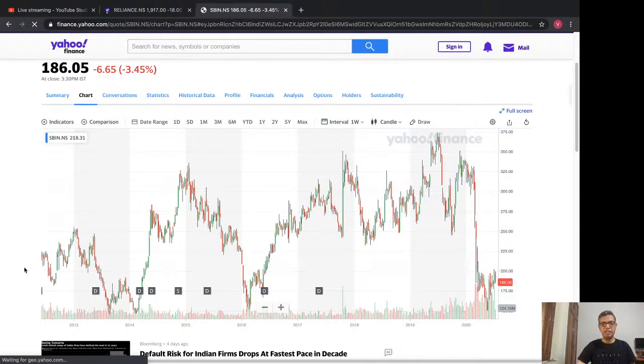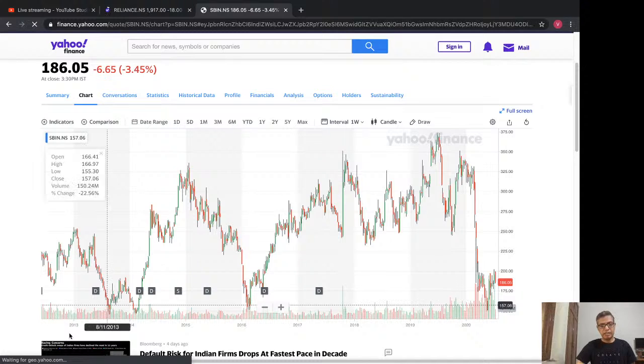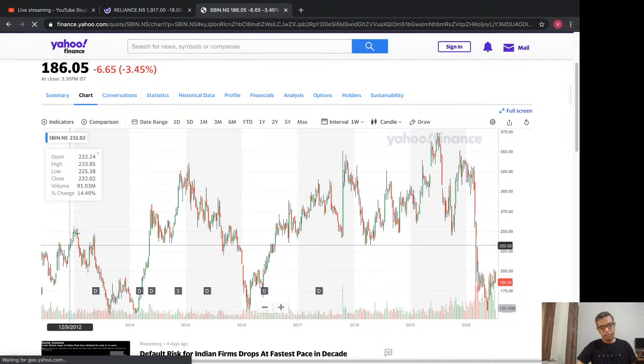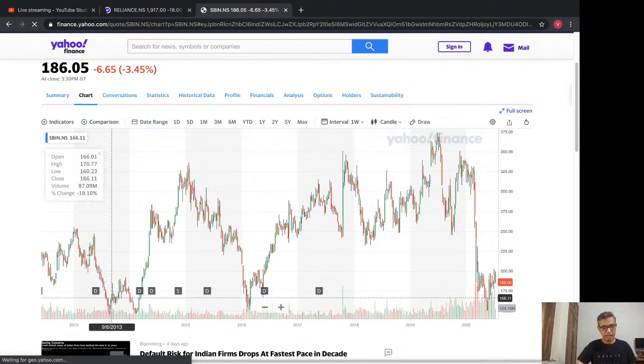The cyclical nature is pretty evident. It goes up, then goes down, goes up again, comes down again. And by the way, when I'm saying down, it is going down for the whole year. पूरे एक साल ही नीचे गया है.